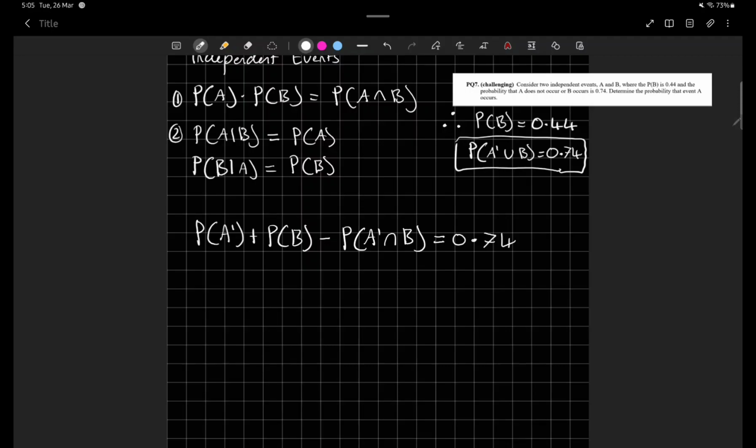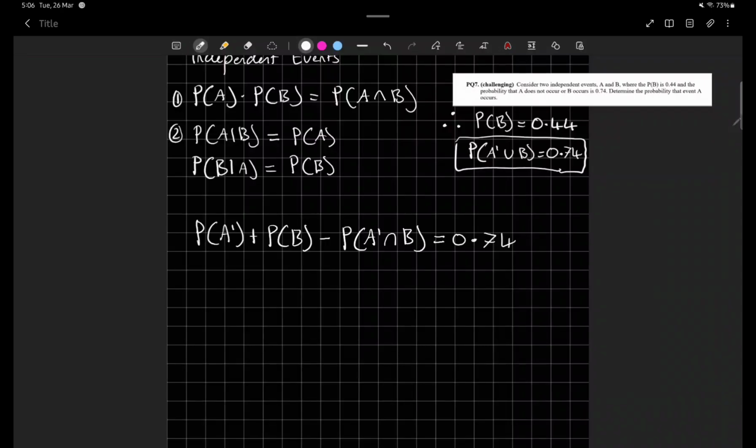Now, due to the rule of independence, we know that A complement and B are independent because A and B are independent events. Them not happening is not conditional on the outcome of the other one. If that makes sense, it's a little bit to think about.